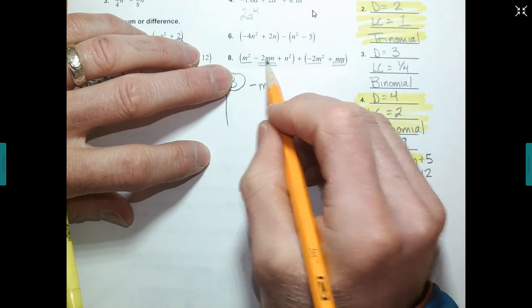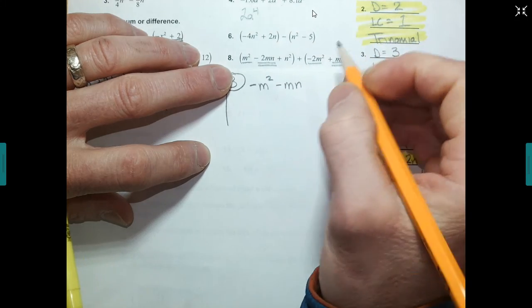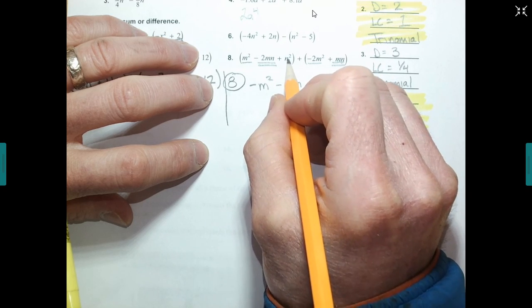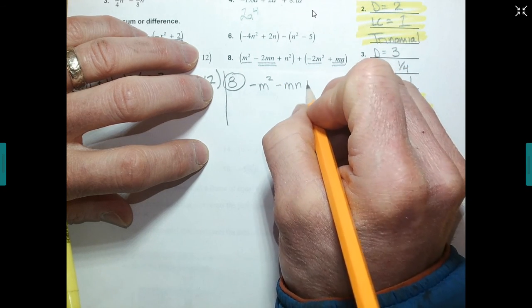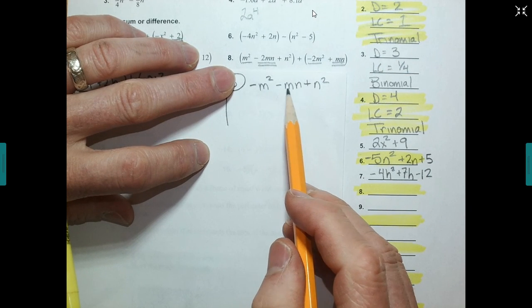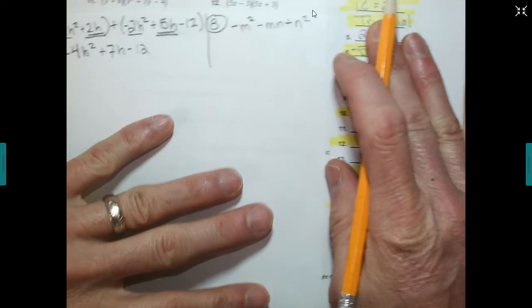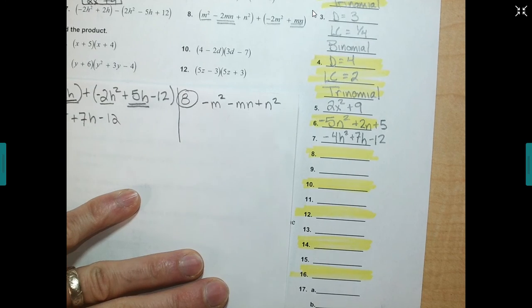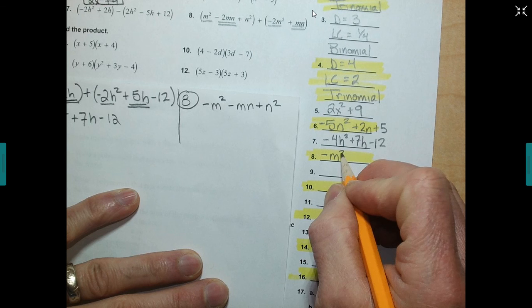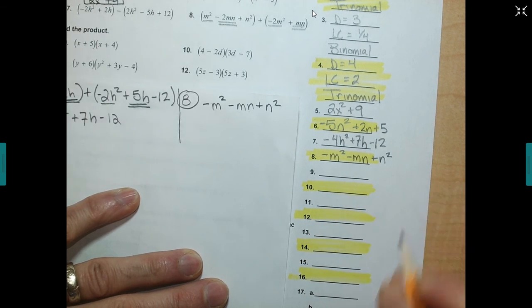So that gives us -2, +1, -1 mn. And then, oh, wait a second. No, that's right. Okay. And then we have an n squared, which there's nothing over here. That's the same. So we have an n squared. So we have a -m squared minus mn plus n squared. So I'm going to write that for number 8. -m squared minus mn plus n squared.